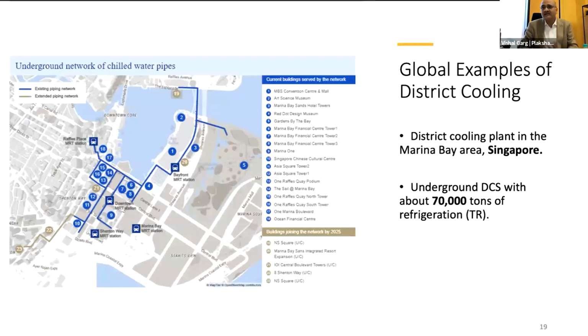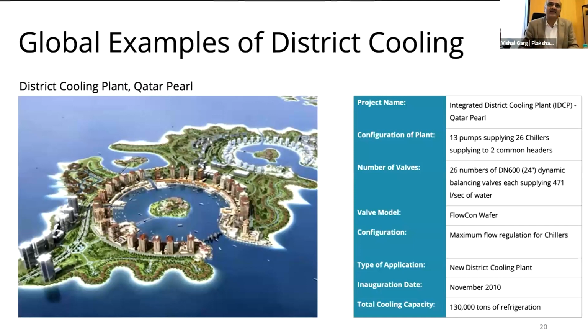There are several good examples of district cooling. One is in Singapore, which is 70,000 tons of refrigeration, a huge underground district cooling system in Marina Bay. Then there are others in various parts of the world, like this one in Qatar.